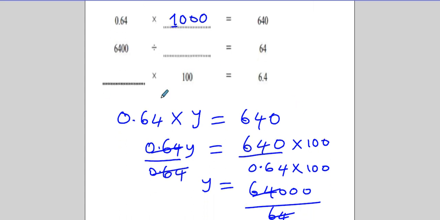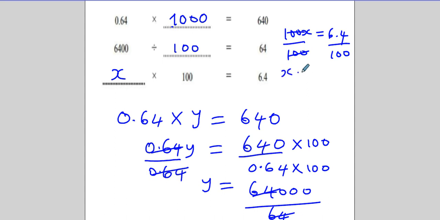Okay, 400 divided by which number equals 64? You can do it just mentally. Which number times 100 will give you 6.4? Call it x. So x times 100, 100x equals 6.4. To get the value of x, divide by 100 on both sides.